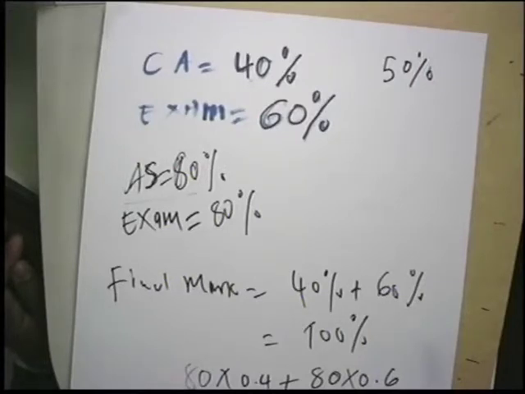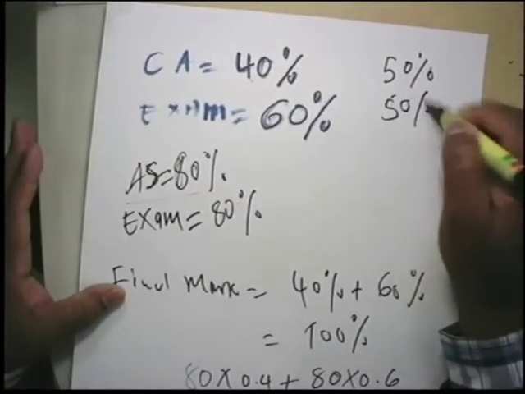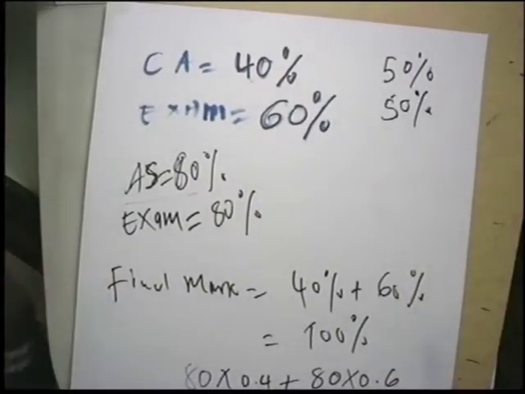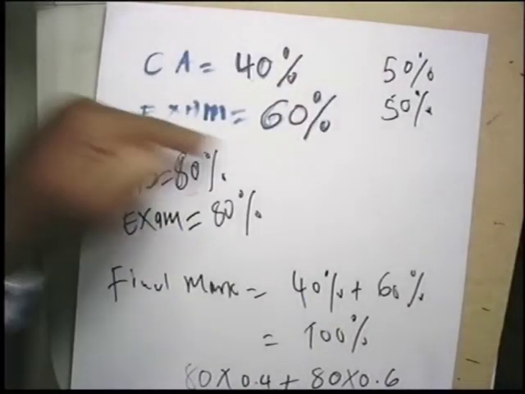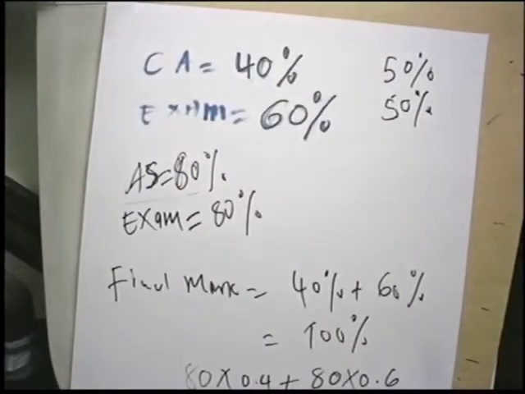With the same example, say you got 60 out of 120, which is also 50%. We do it like this because the CA is 40% of the mark and the exam is 60% of the mark.